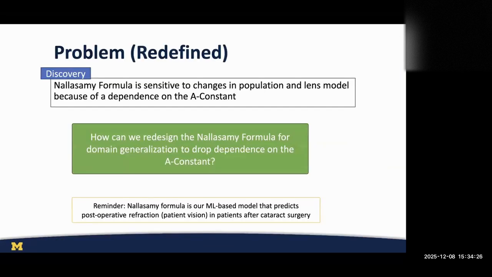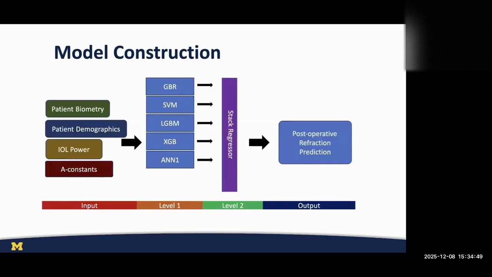Okay, so going back to the problem, we made a discovery. We learned that the Nalsami formula is sensitive to changes in population and lens model because of a dependence on this so-called A constant. So now the question is, how can we redesign this Nalsami formula for domain generalization to drop dependence on this A constant? The first thing we did is we went back to the model construction.